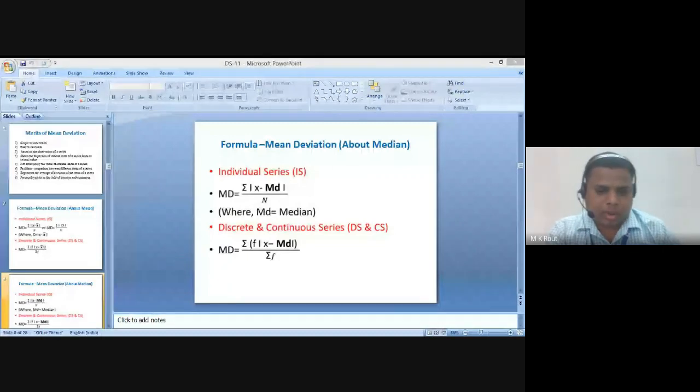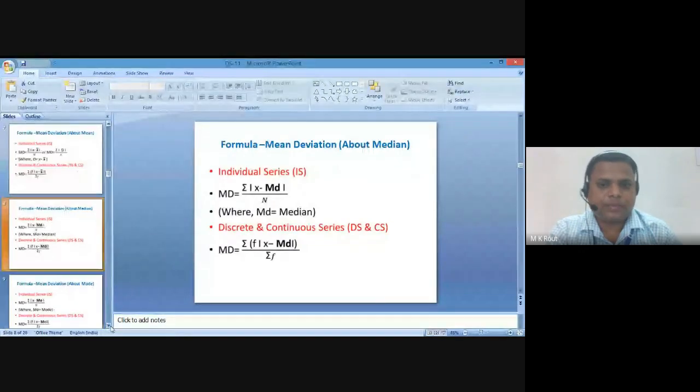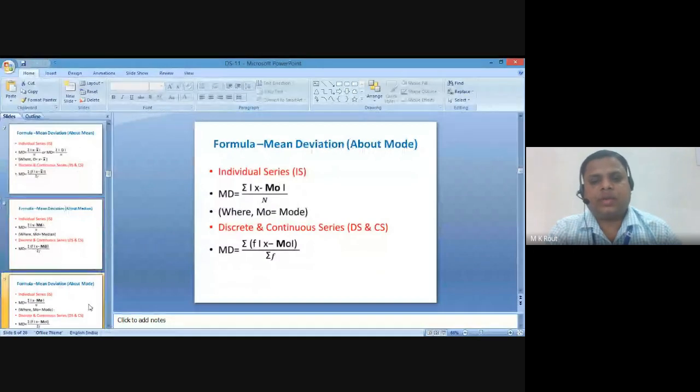Okay. Moving to the next ones, we have already finished the mean deviation about mean and mean deviation about median. The next formula is for mean deviation about mode. I repeat, for individual series, the mean deviation equals the summation of |x minus mode| divided by n. Here MO stands for mode.